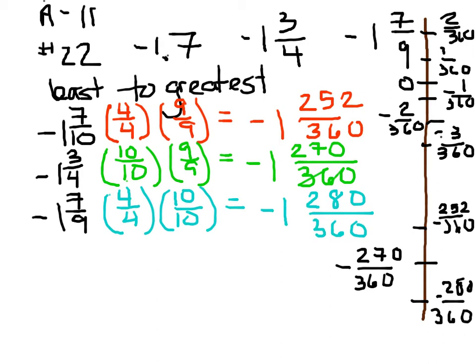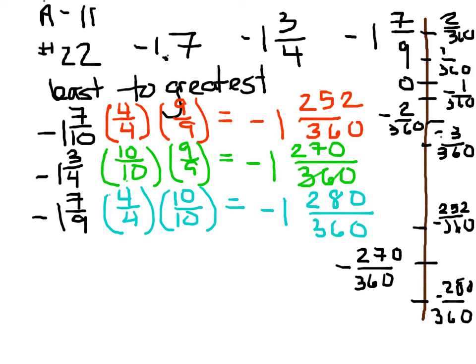Okay, and now we know that 1/360ths is greater than 0, 2/360ths is greater than 1, so we remind ourselves anything above is bigger than anything below it. We know that positive 1 over 360 is greater than negative 1 over 360.